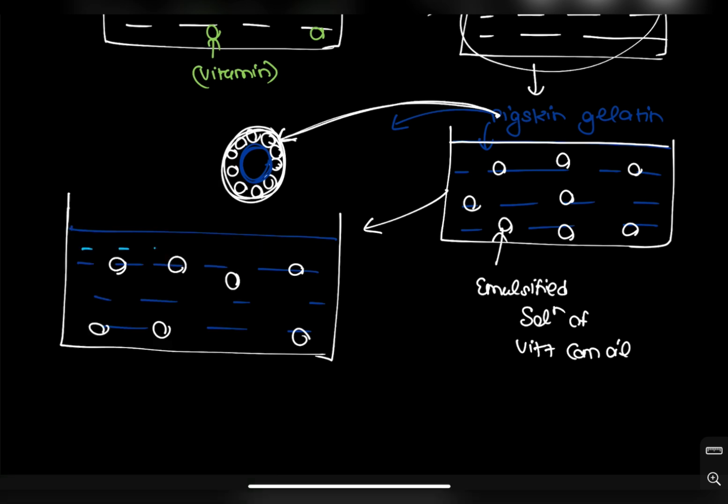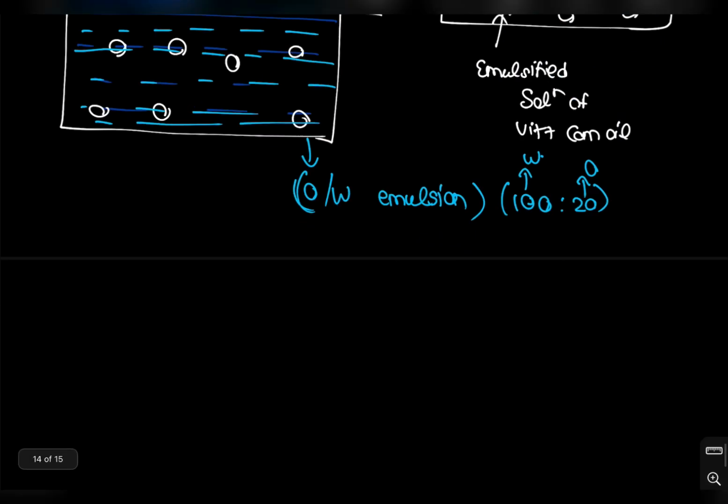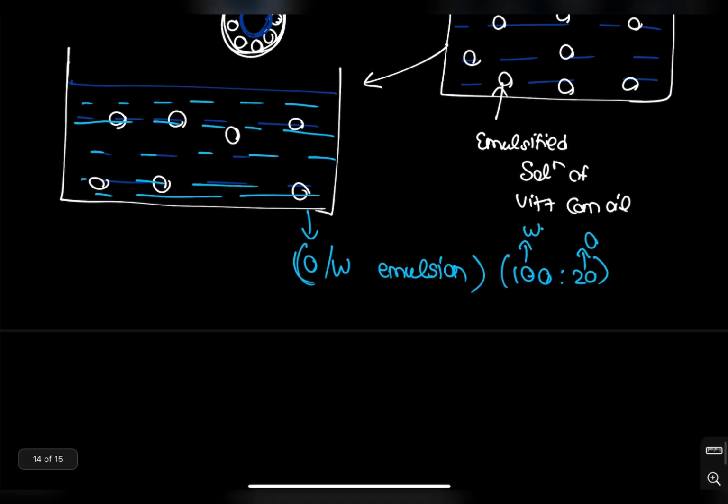Okay, so what we are doing is making an emulsion all over again. We are making an oil in water emulsion here. This is usually around 20 parts to 100 parts. So 20 oil and 100 water. This is the emulsion that we usually form.